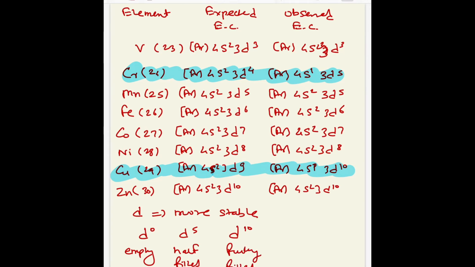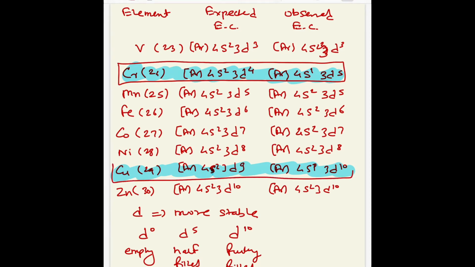Due to that reason chromium and copper show anomalous or exceptional electronic configuration. Due to interelectronic repulsion in chromium and copper, one electron from 4s is transferred to the 3d orbital, giving a different electronic configuration due to extra stability.